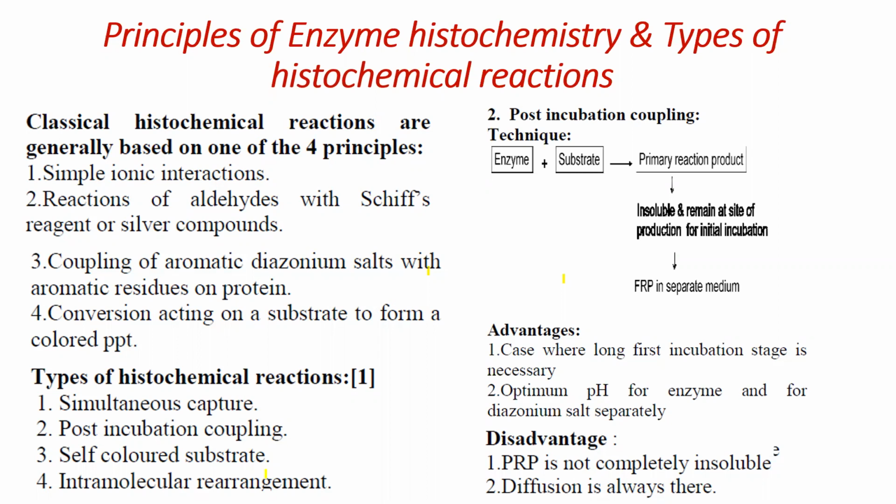Actually, nowadays enzyme histochemistry is not used. Rather, we are going with advanced techniques like flow cytometric analysis, FACS. But the only advantage of enzyme histochemistry is low cost. For a FACS test, it will take around 5,000.